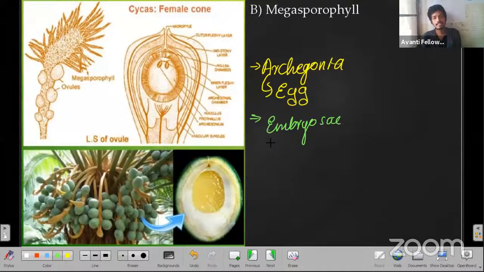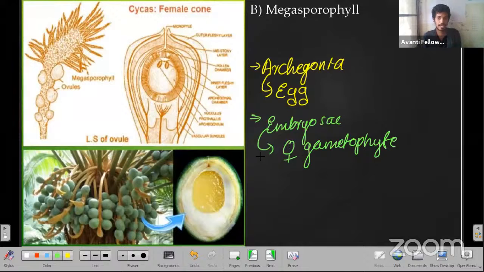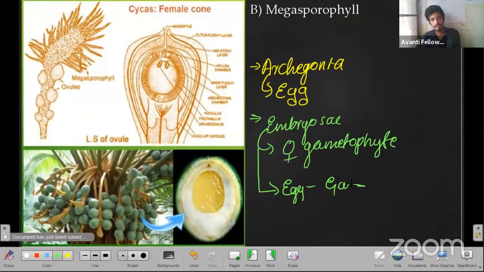The embryo sac contains the female gametophyte. This embryo sac will contain the egg, or you can simply call it the gamete. So how does it happen? The gamete contains majorly two nuclei.